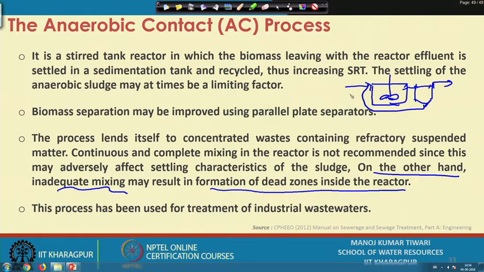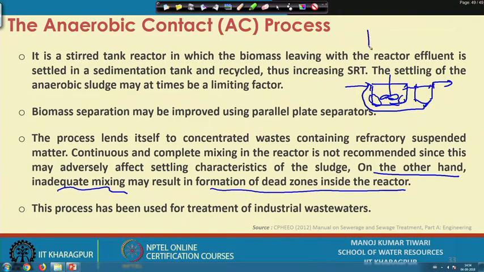On the other hand, if we do not mix properly, with inadequate mixing, there may be formation of dead zones inside the reactor. If there is no proper mixing, you may find dead zones in the corners or those kinds of places. So, flow recirculation may be a problem in case of improper mixing. We may see short circuiting here.